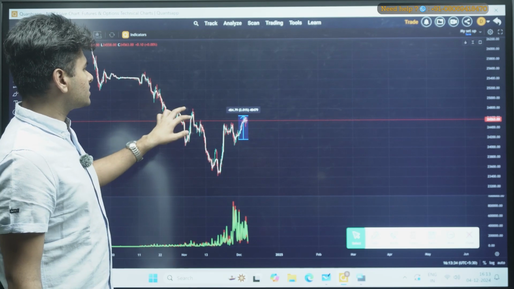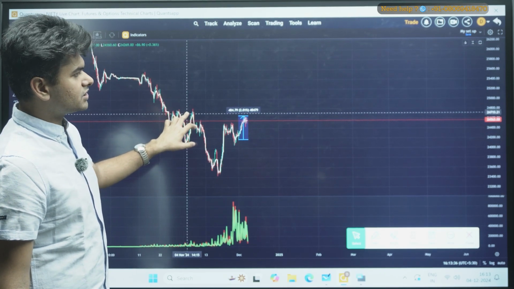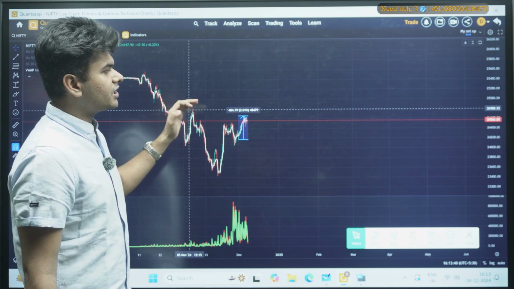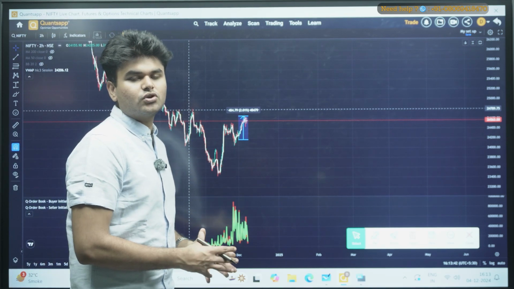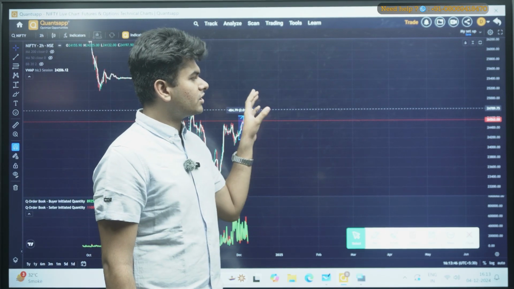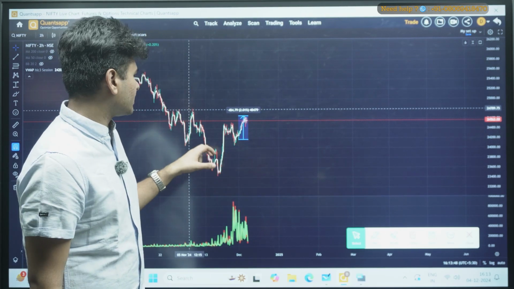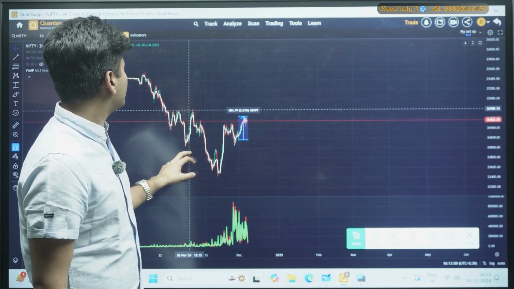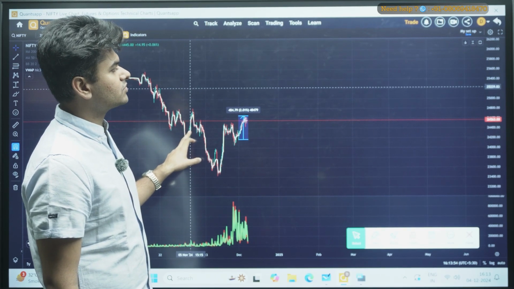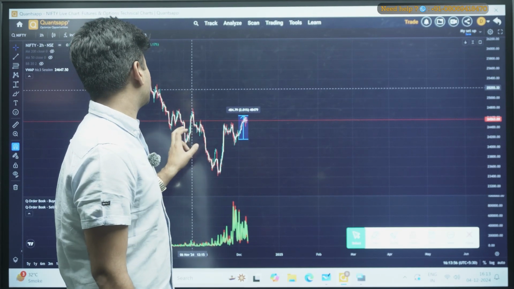And if this particular resistance breaks, which is around the 24,800 level, somewhere we can see a good momentum in the index. So the first resistance we are expecting is around 24,800, and from there the next resistance is almost around 25,000, 25,200 in the charts.